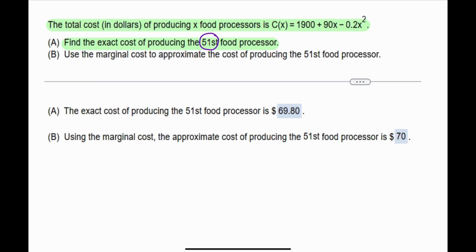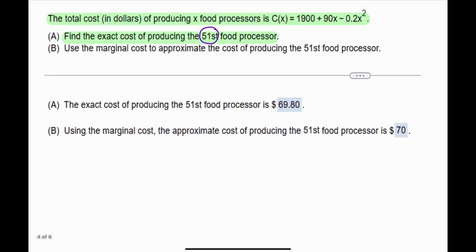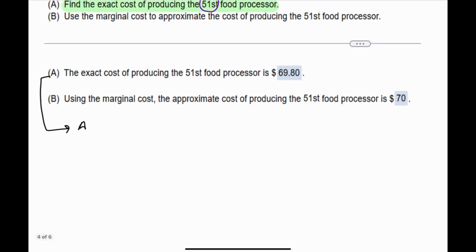Again, this is derivatives. These are rates of change. So the easiest way to approach this is to find the exact cost of the 51st food processor. I'm answering option A here. I have to find the cost of 51 food processors and subtract the cost of 50 food processors.